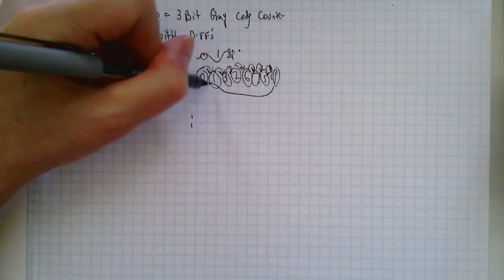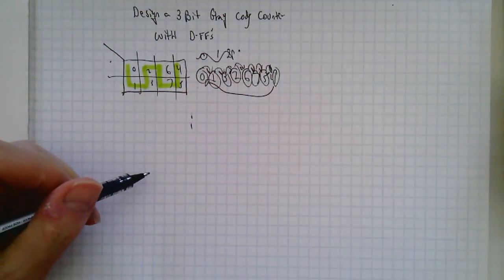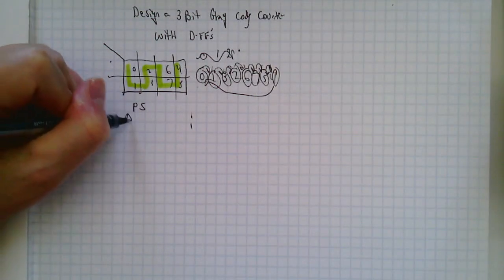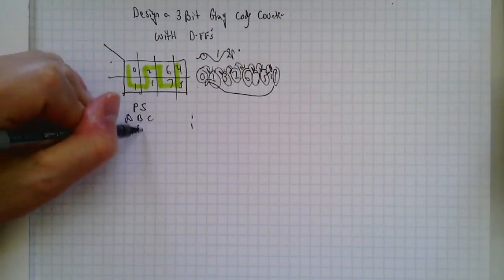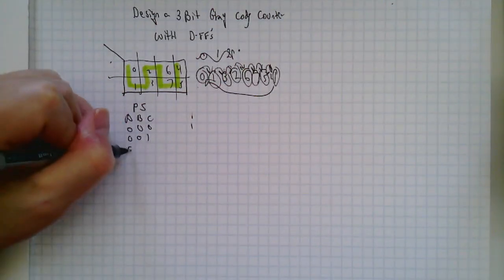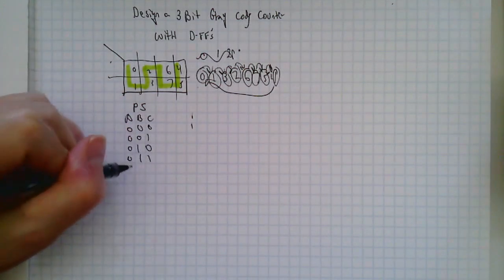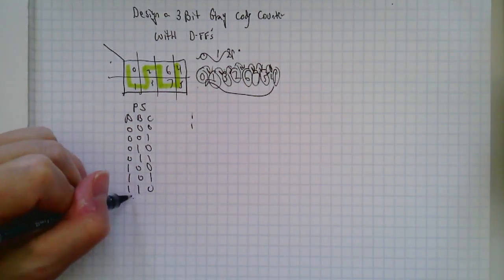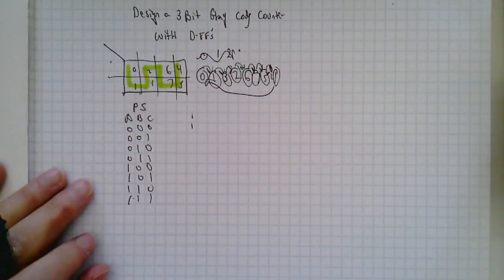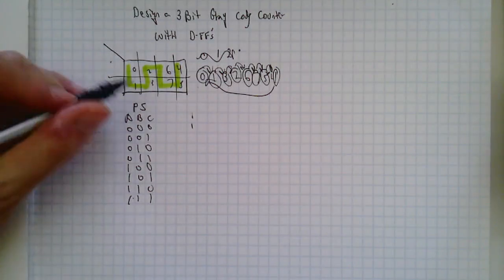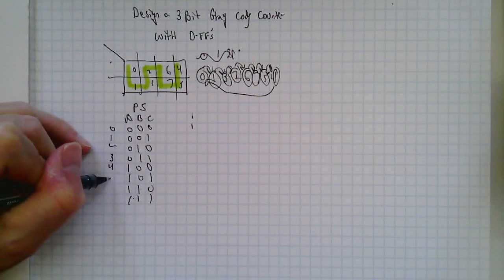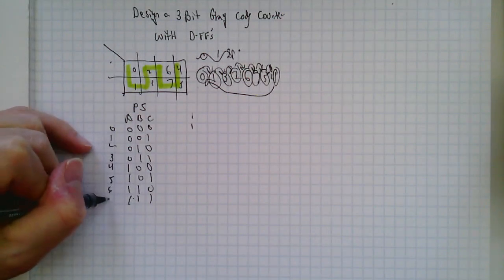Then it says write the present state, next state table. So here's the present state. I need 3 bits: A, B, C. Now I need my next state.